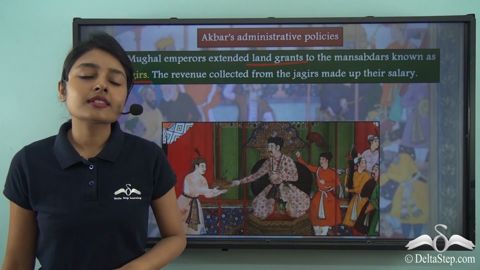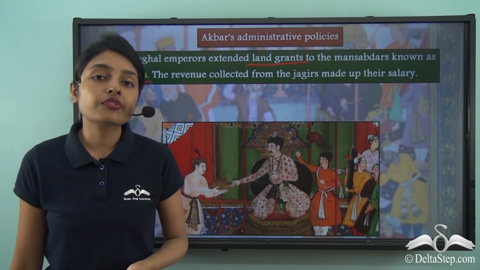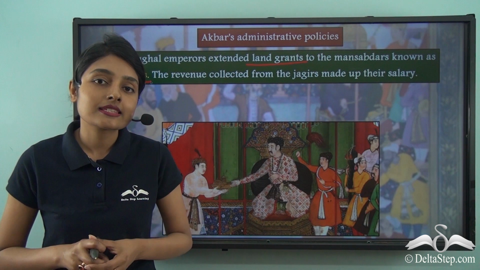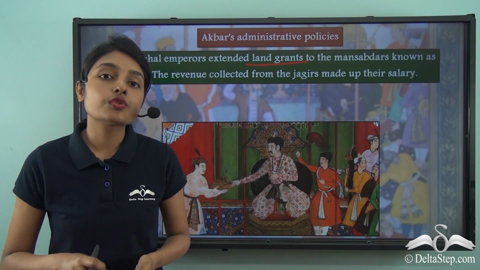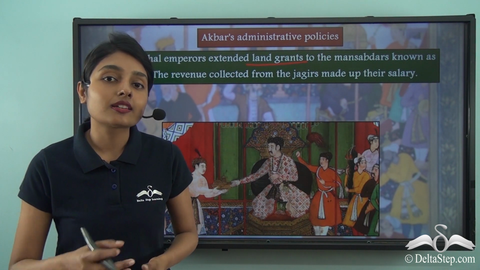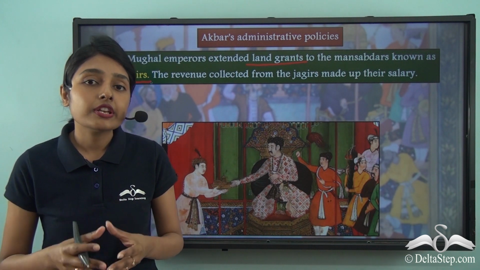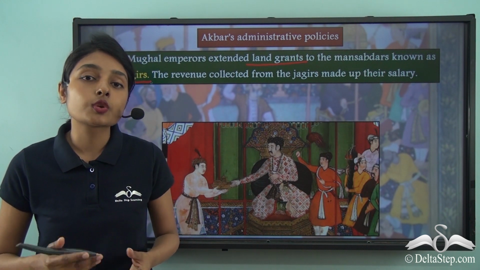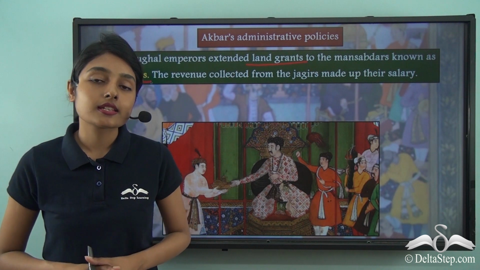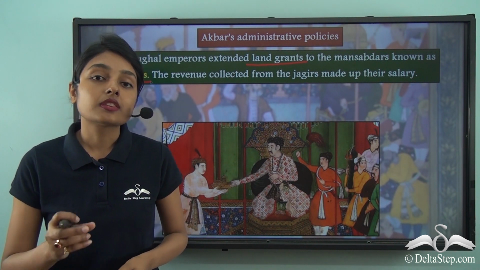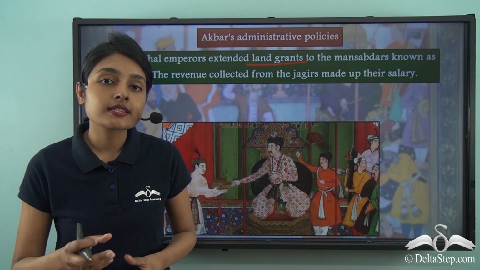But the Jagirdari system was slightly different from the Iqtidari system in the sense that the mansabdars used to reside in the Jagirs only. And the revenue that these mansabdars could earn from the Jagirs was actually the salary of the mansabdars.